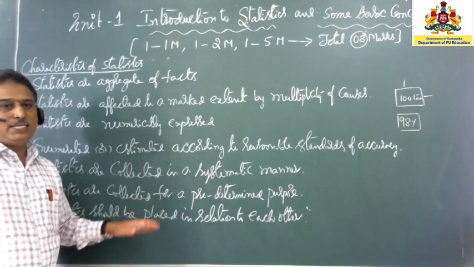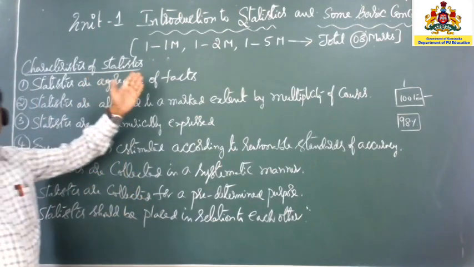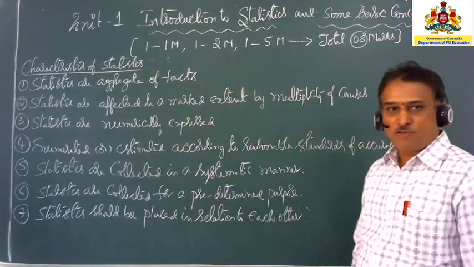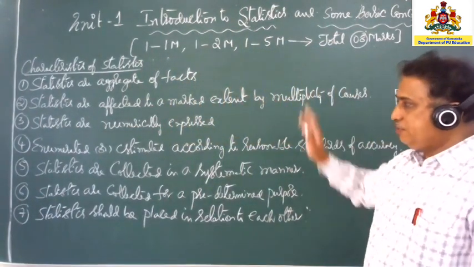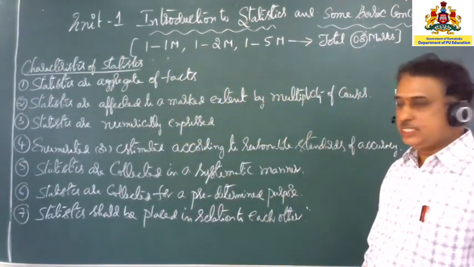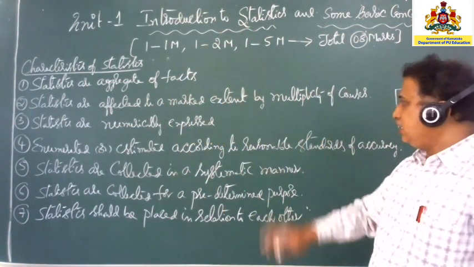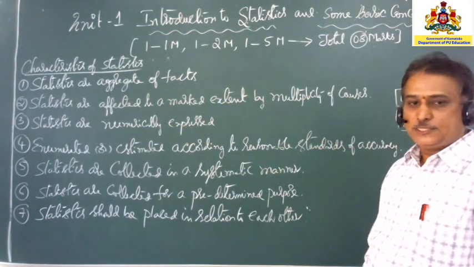These are the 7 characteristics of statistics. The first one is statistics are aggregate of facts. Second, statistics are affected to a marked extent by a multiplicity of causes. Statistics are numerically expressed.